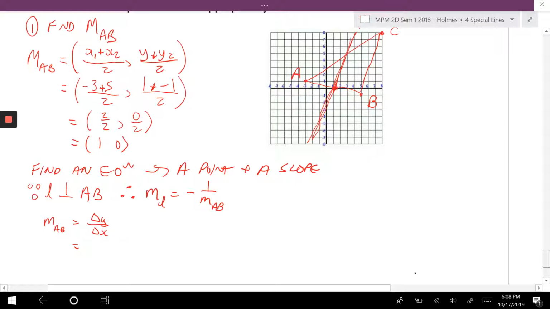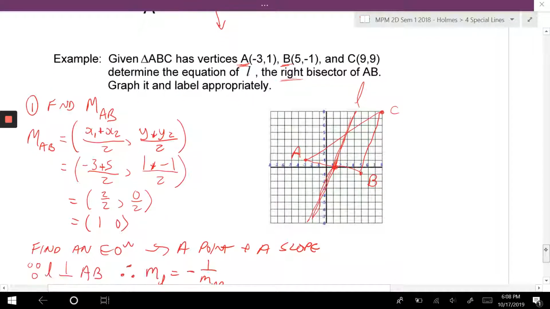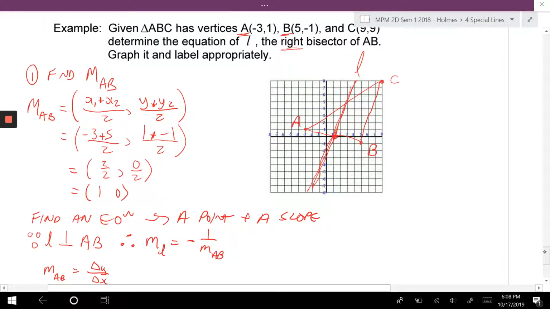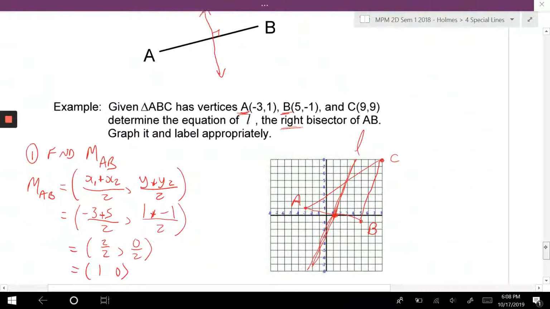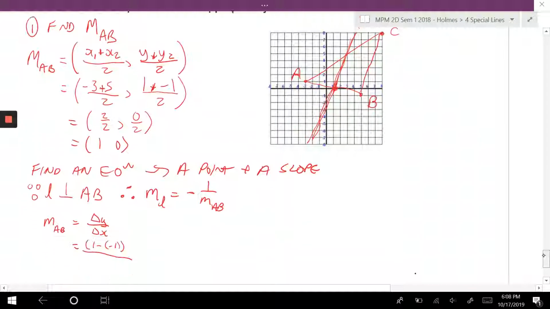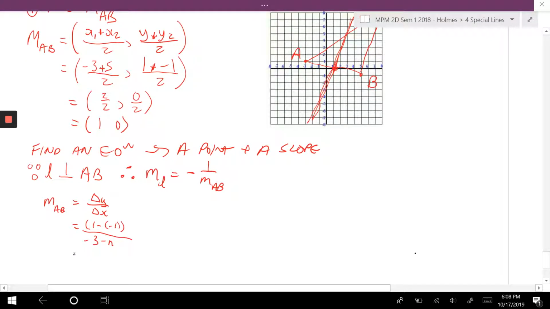Change in y for A minus B: 1 minus negative 1 is like 1 plus 1, so that becomes 2.